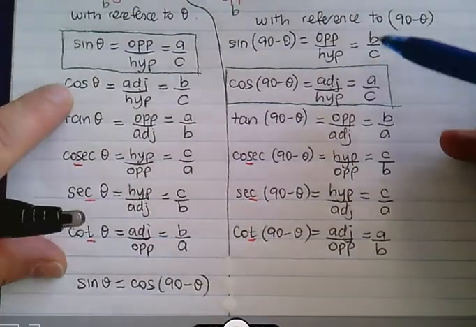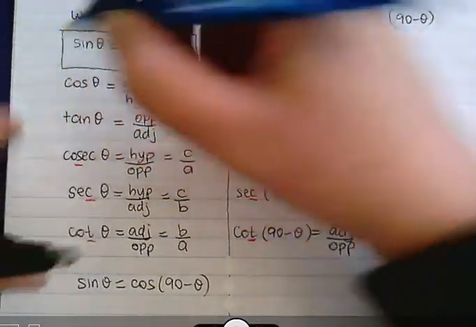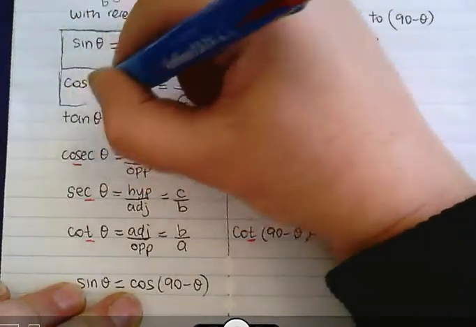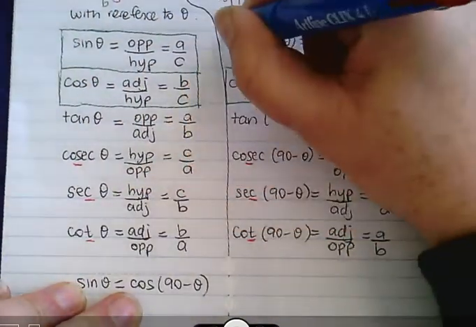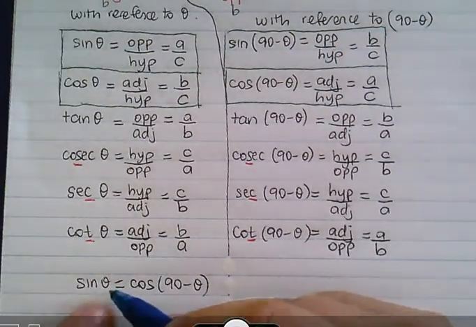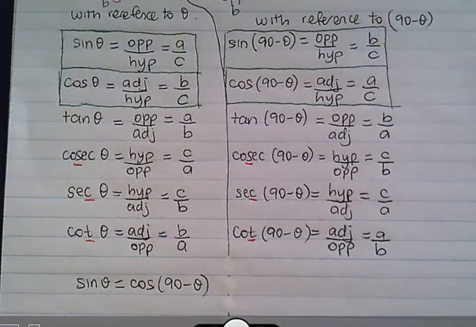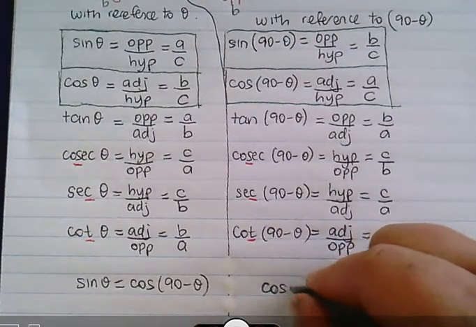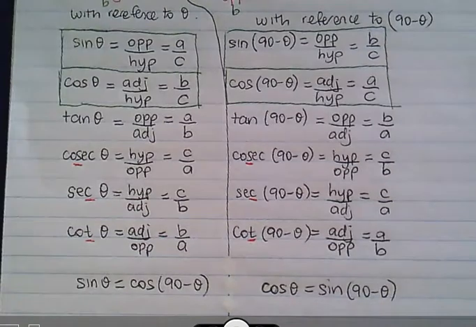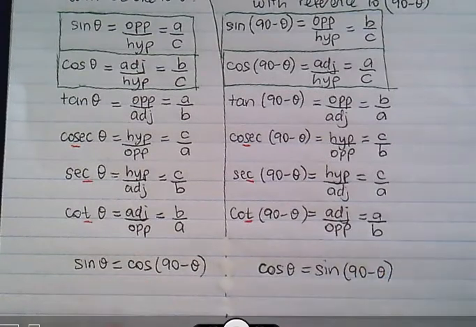We can also see that the cos of theta, so I'm just going to keep that in green as well, equals sine of 90 minus theta. So sine of theta equals the cos of 90 minus theta, but also cos of theta equals the sine of 90 minus theta. Sine and cos seem to be a pair, okay?